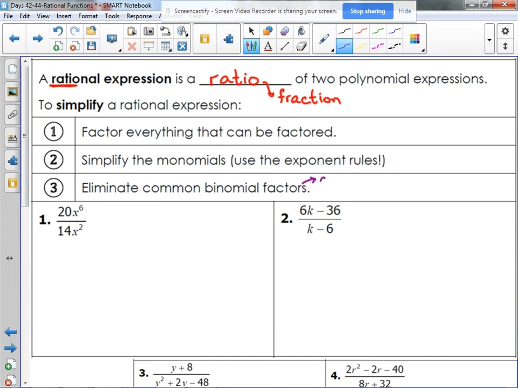What that means in more everyday terms, we are going to cancel anything that shows up exactly in the numerator and denominator.